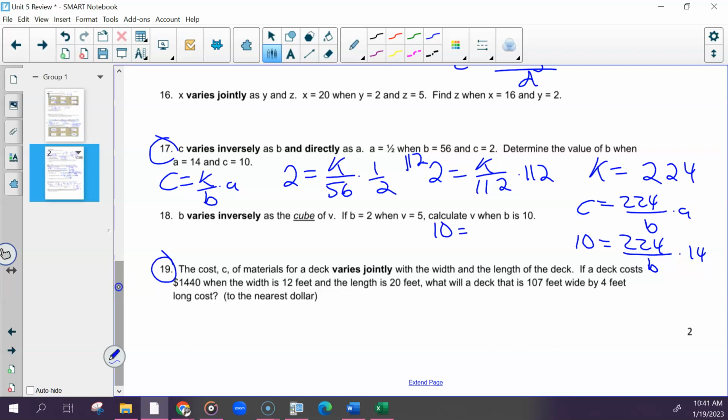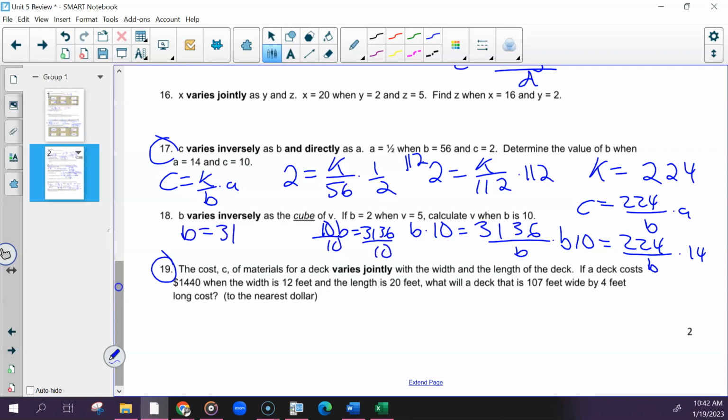Say that one more time. 56. 36. Multiply by B on both sides. And then divide by that. So 313.6 should be your final answer for B. We'll do 19 when we get back.